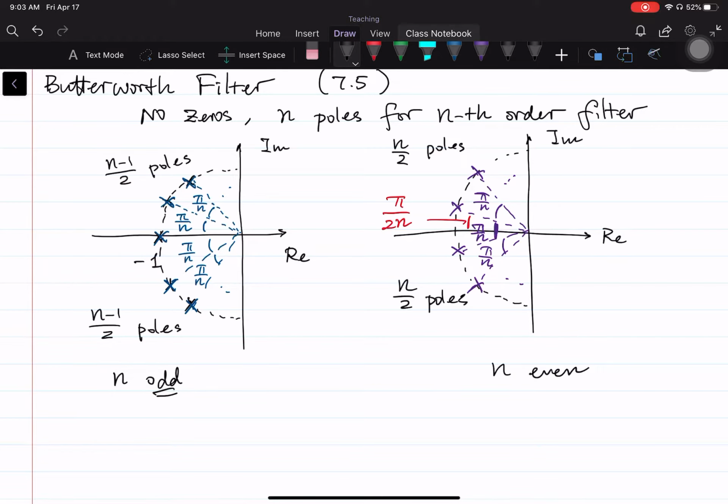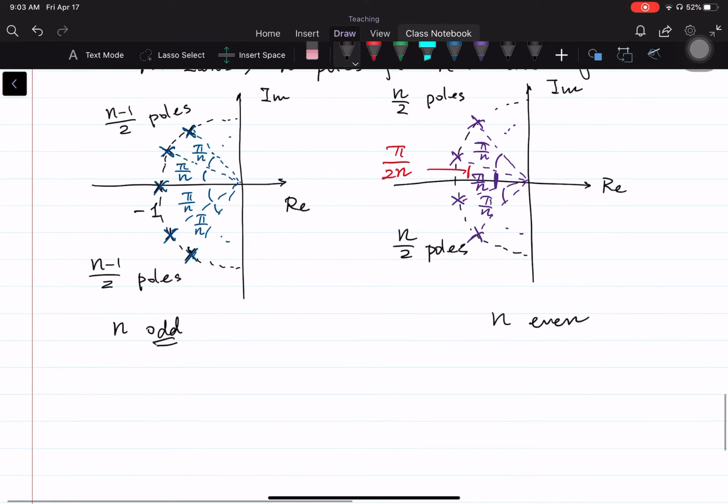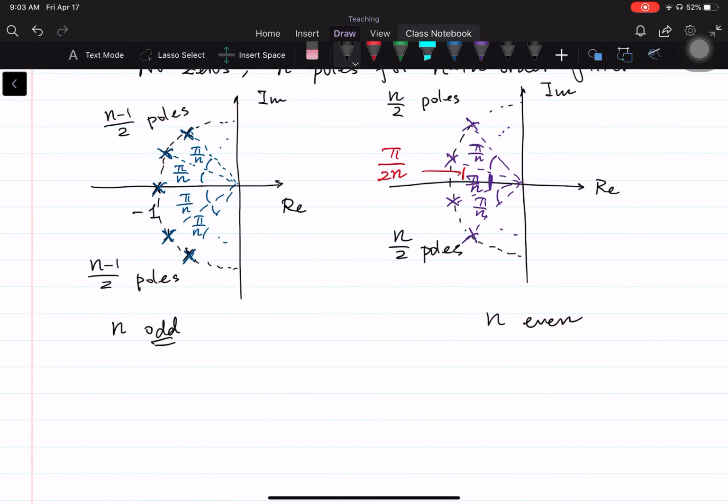Right, and it's not difficult to find the general equation to put together all the poles nicely. Okay? And the book has summarized that equation. Now, this is the case where we call the filter a normalized Butterworth filter, since all the poles are on the unit circle.